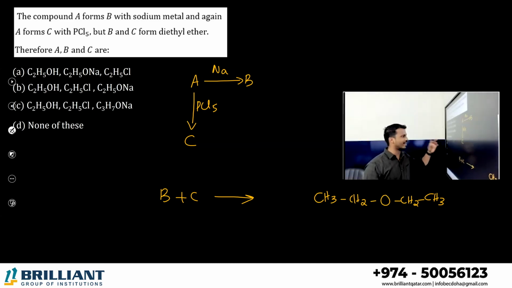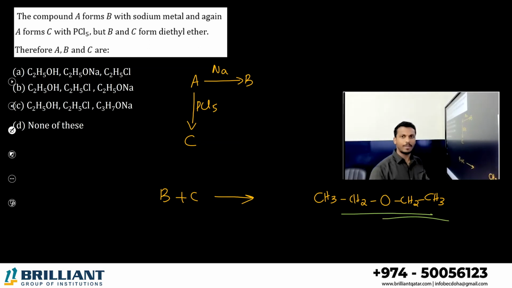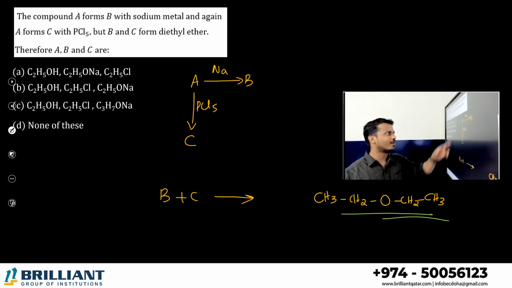Very simple and very tricky question. This is ether, right? Let me make a back calculation. How do you prepare ether? By Williamson synthesis, through the reaction of a haloalkane with a sodium alkoxide. Why did I select Williamson synthesis here? Because sodium is there, halogen is there.